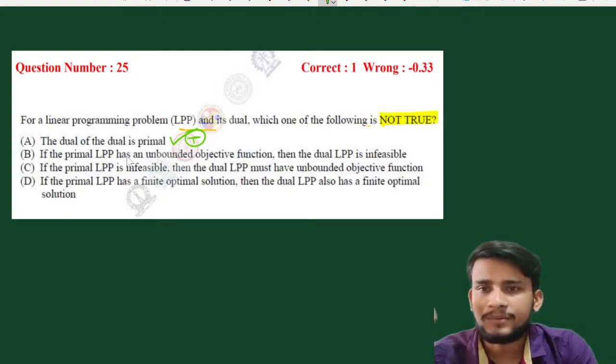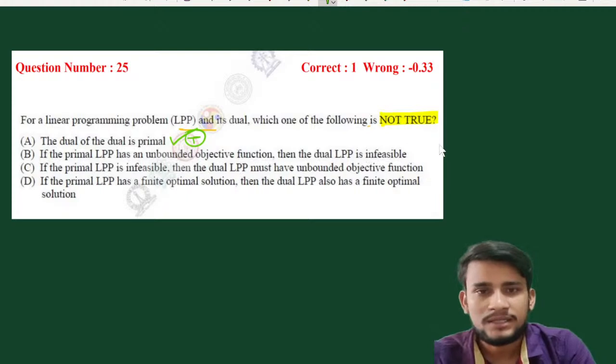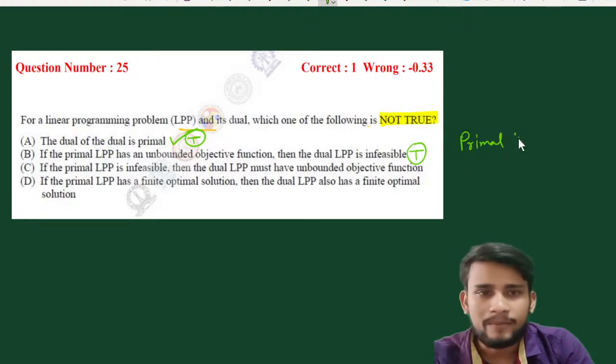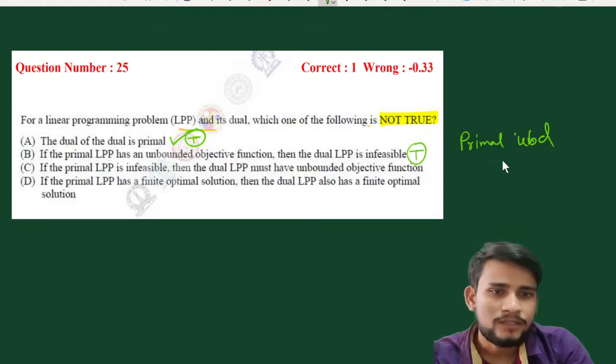The second option: if the primal LPP has an unbounded objective function, then the dual is infeasible. Yes, this is true, because if the primal problem is unbounded, then two cases may occur.